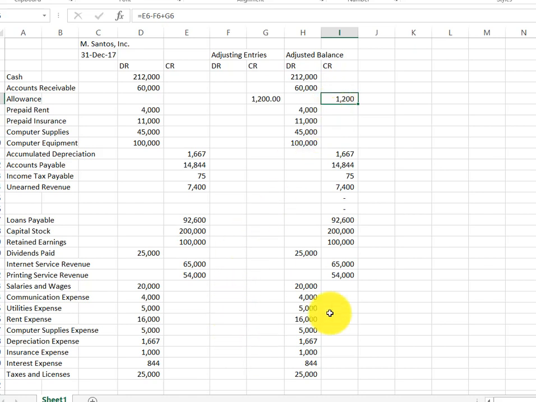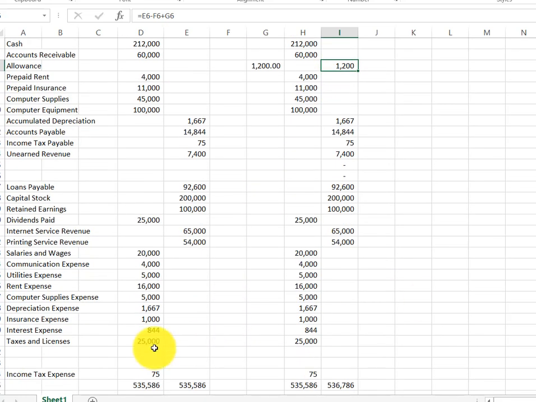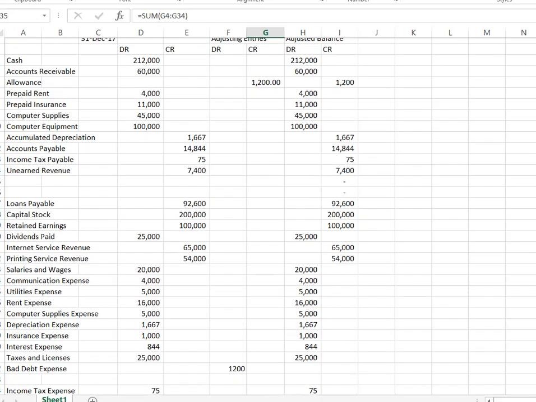Our debit is going to be to bad debt expense, which also is not here. So we also need a total for our adjusting entries. And you'll see that we credited and debited, so we're good to go on the allowance for bad debts.